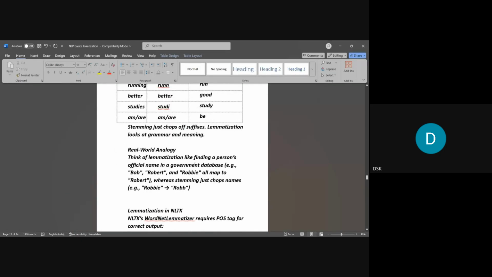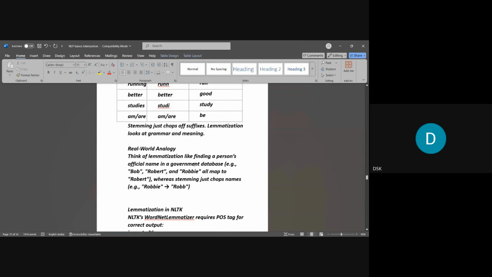So you can think of lemmatization like finding a person's official name in a government database. For example, Bob, Robert, and Robbie all map to Robert, while stemming just chops names, that is, Robbie becomes Rob.